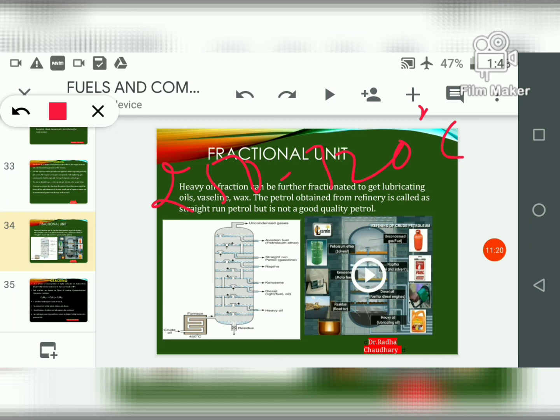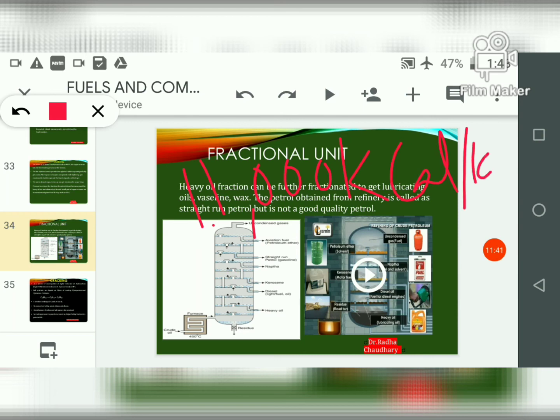It's a mixture of hydrocarbons from C15H32 to C18H38, and its calorific value is about 11000 kilocalorie per kg. You can also see the fractional distillation of petrol.